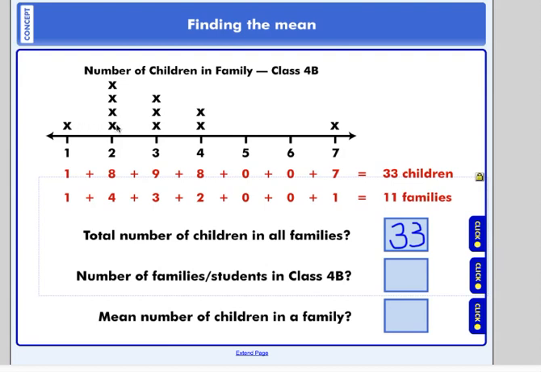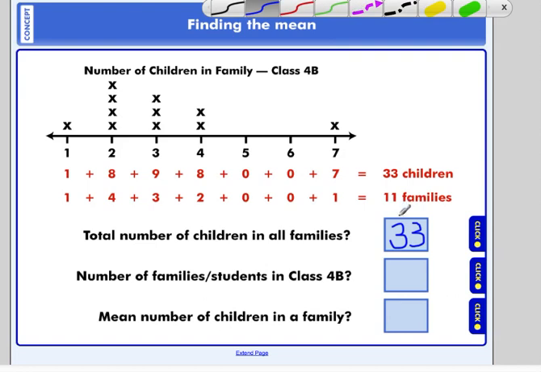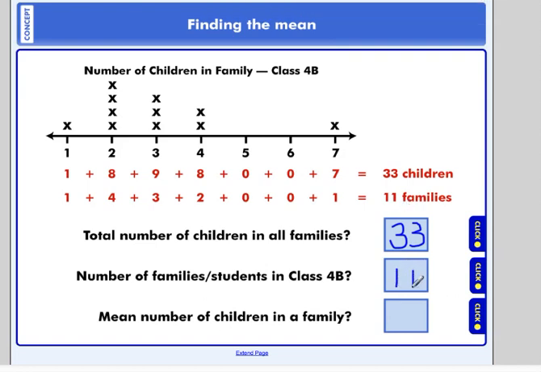We had 1, 2, 3, 4, 5, 6, 7, 8, 9, 10, 11. 11 students or 11 families gave a response. So 11 is our number of numbers on the list, and that's what we have to divide by. 33 divided by 11 is 3.